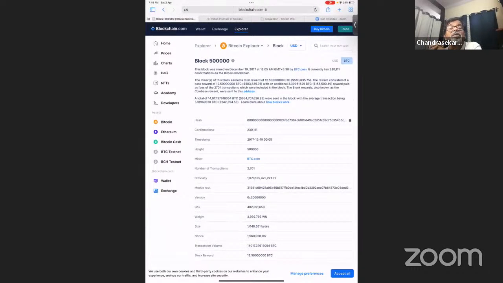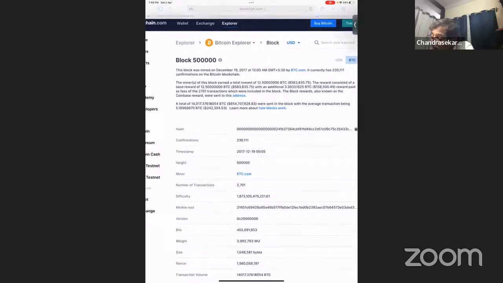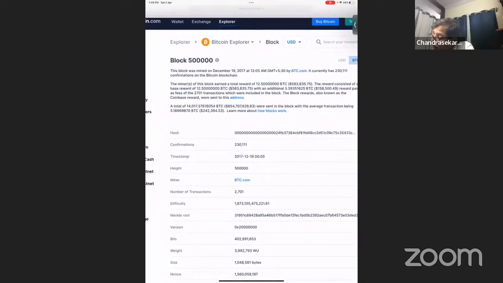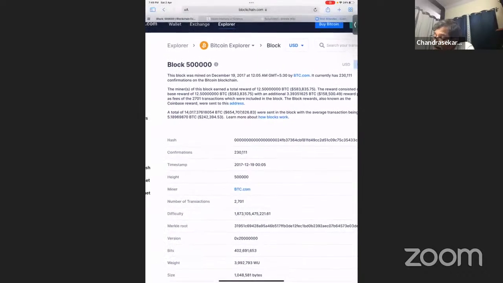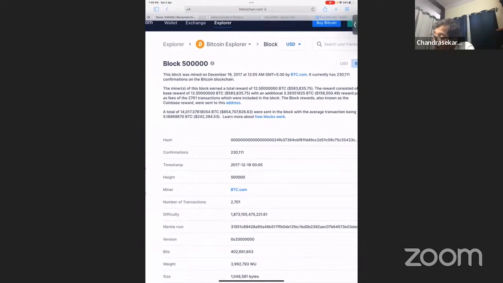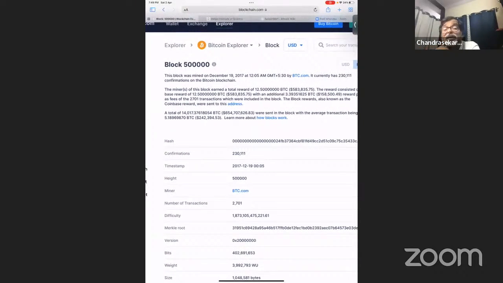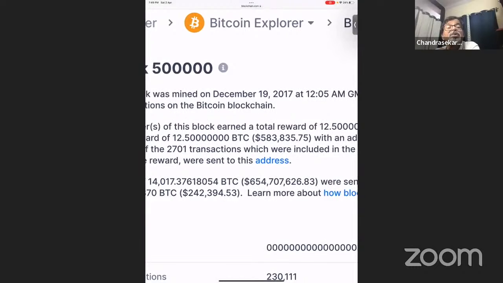So this is the block 5 lakh. That block was generated on December 19th, 2017. You can see when this was mined.